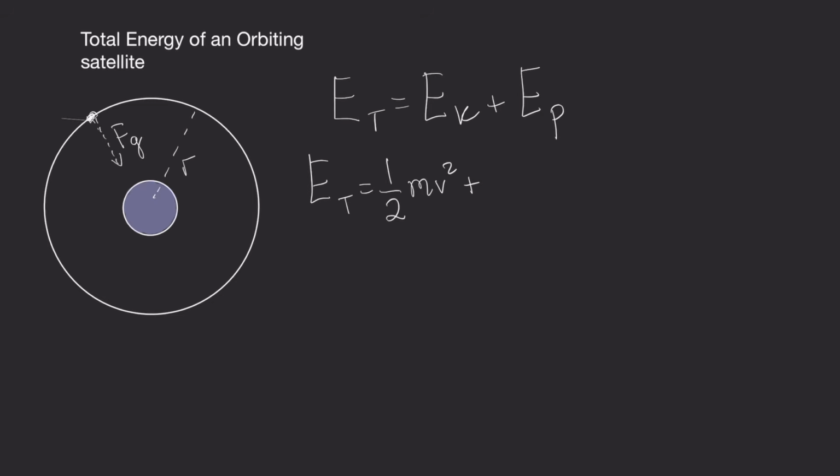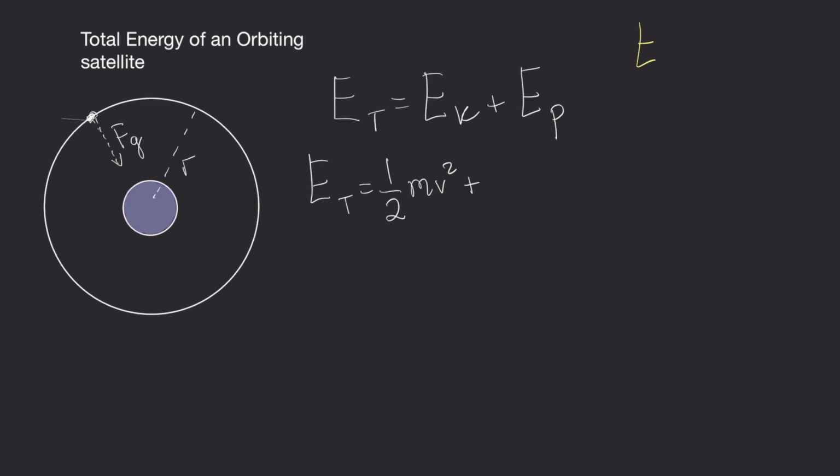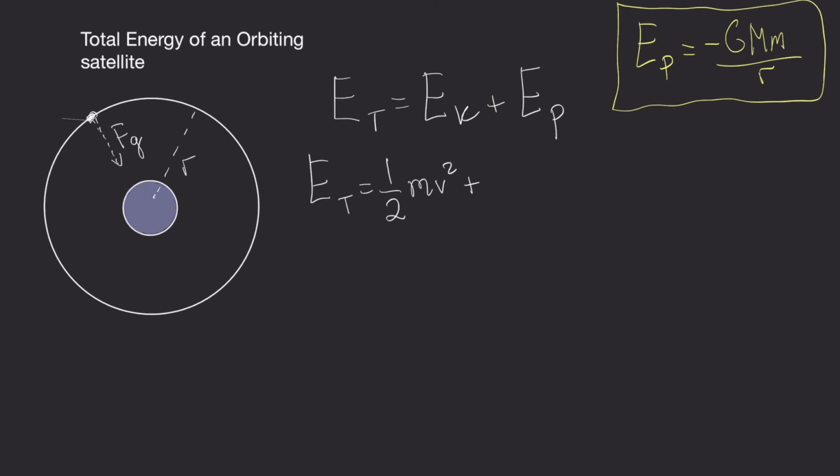Now, the potential energy, remember, is equal to distance multiplied by the change of gravitational potential. So a very useful expression to remember, which I'm going to write on the side in a different color, is that Ep, or gravitational potential energy, is equal to minus GMm over r. Now, if you're doing AQA in particular, this is not given in the formula booklet, but please remember it.